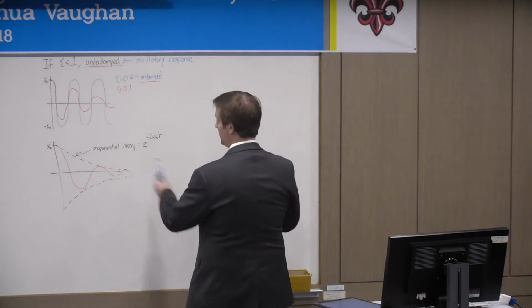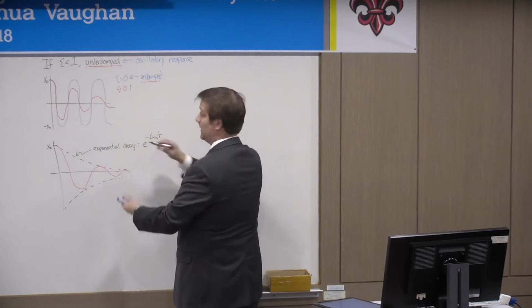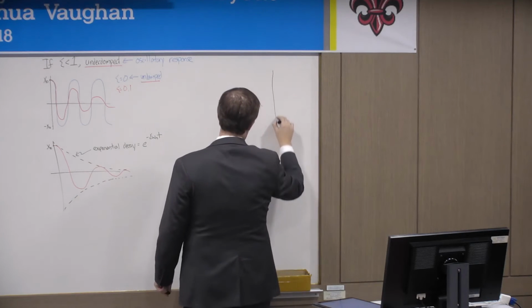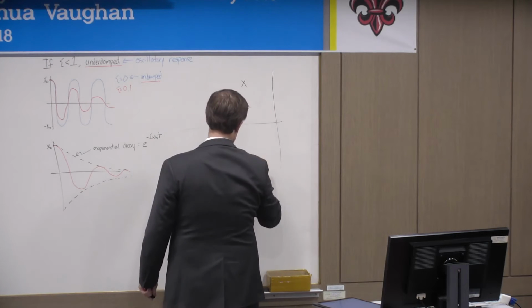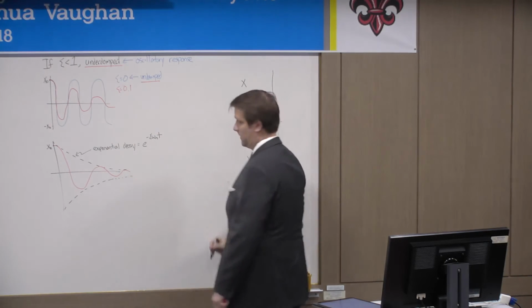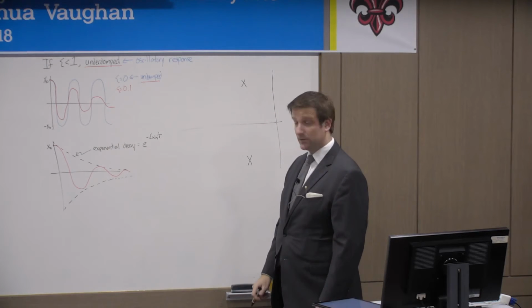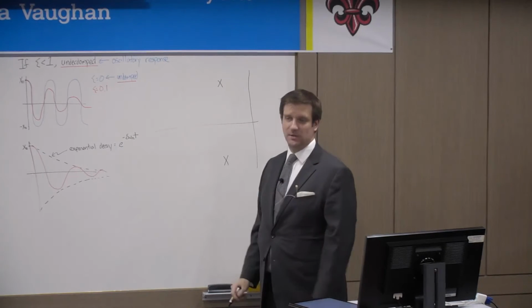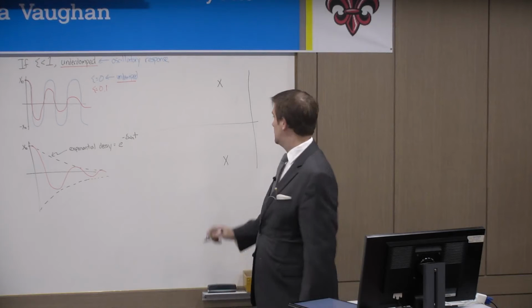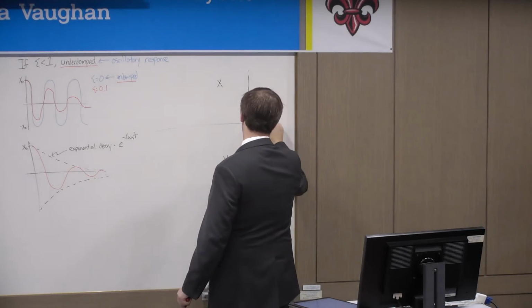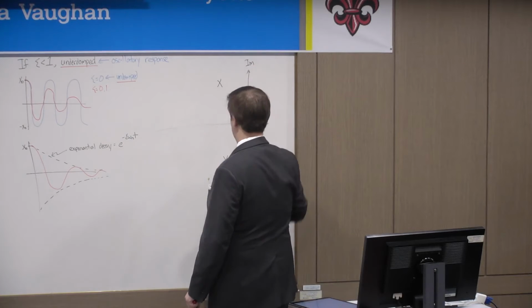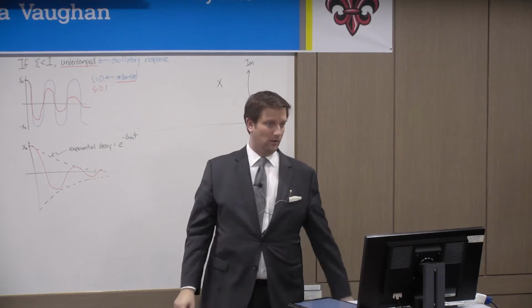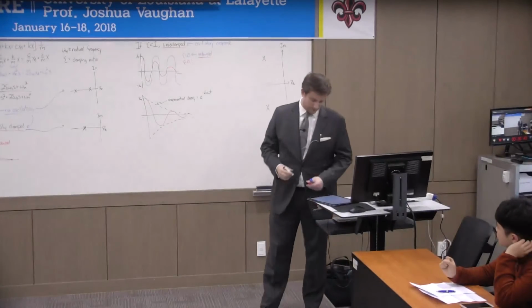If we look at our pole-zero map for this case, we can get a lot of information just by looking at it. For these underdamped cases, if you have a set of underdamped poles, they're going to be complex conjugates. So you're going to have some real component and some imaginary component, and you'll have a complex conjugate pair of poles for the system.